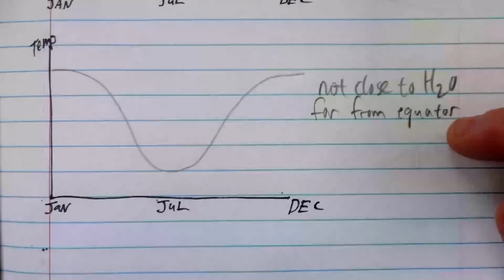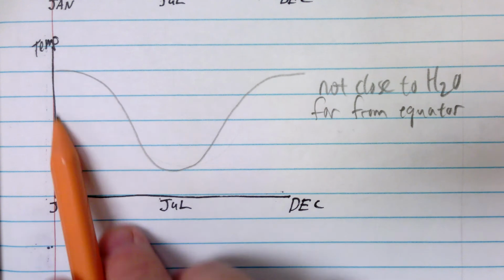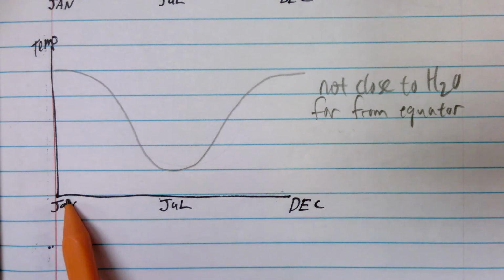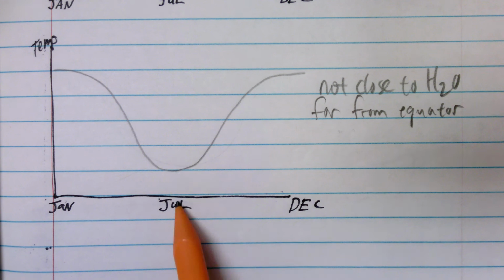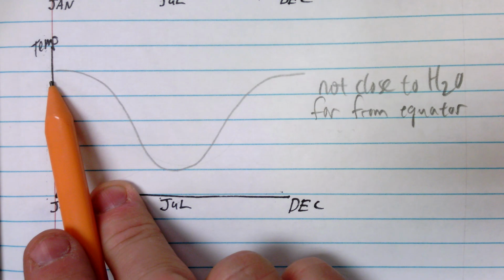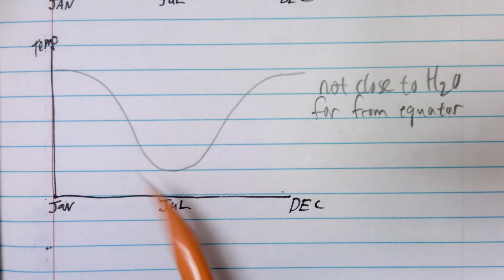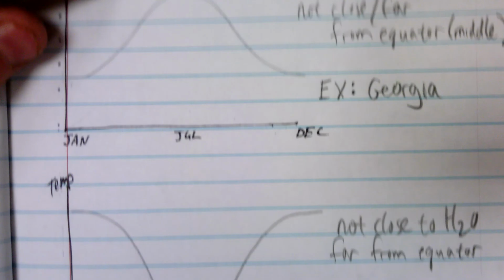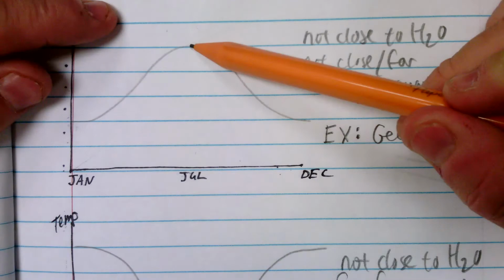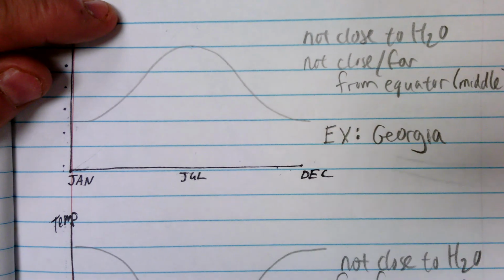Okay. Now, what's different about this graph? Look at their temperatures. Their temperatures are highest in January. They are lowest in July. That means we're getting the least sunlight in July, most sunlight in January. Well, we know that's not right for us here in Georgia. We get a lot more sunlight in July than we do in January. That's why our temperatures are highest in July and they're coldest in January, December, when that's our winter time.